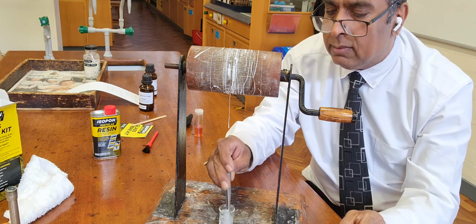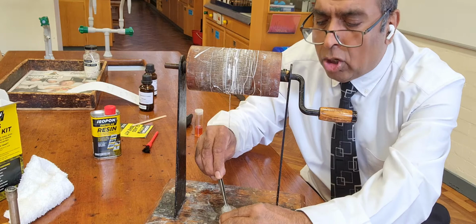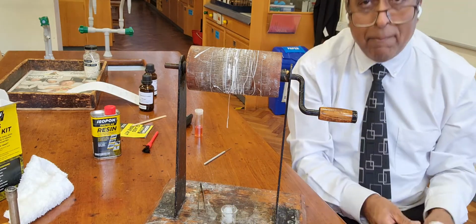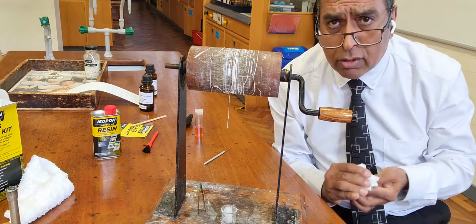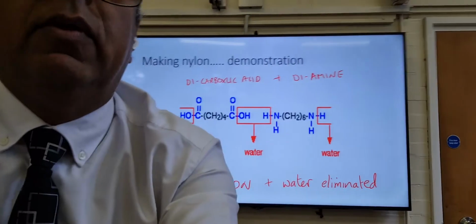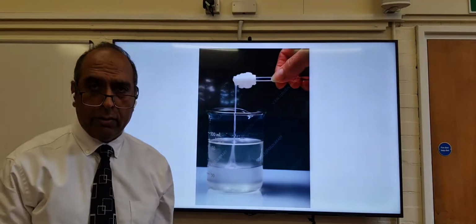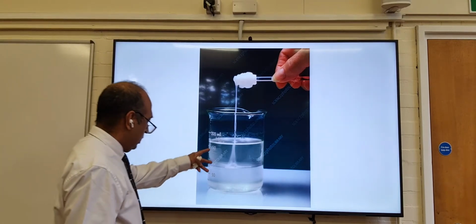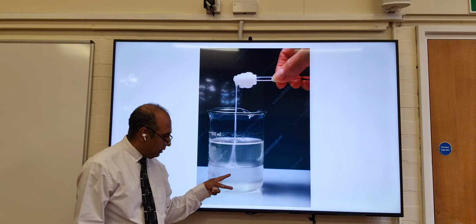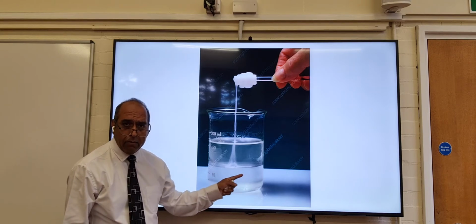And that's it really. That's the demonstration of condensation polymerization. Nylon is an example of condensation polymerization. Watch. I have a picture of nylon. There, can you see this layer here is dissolved in water, and that contains the diamine.